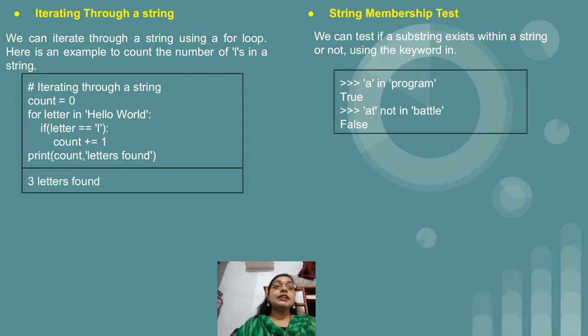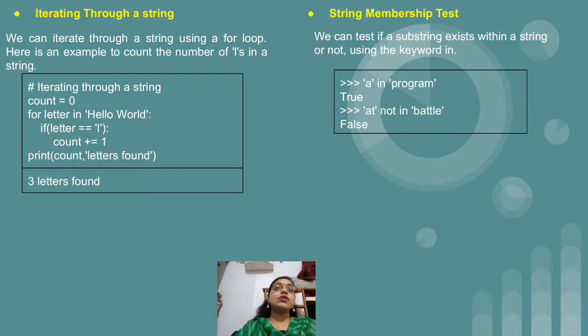After that, iterating through a string means that with the help of a for loop we can visit each and every character of a string. For the same, just see the example. I have initialized one variable, count equal to 0.